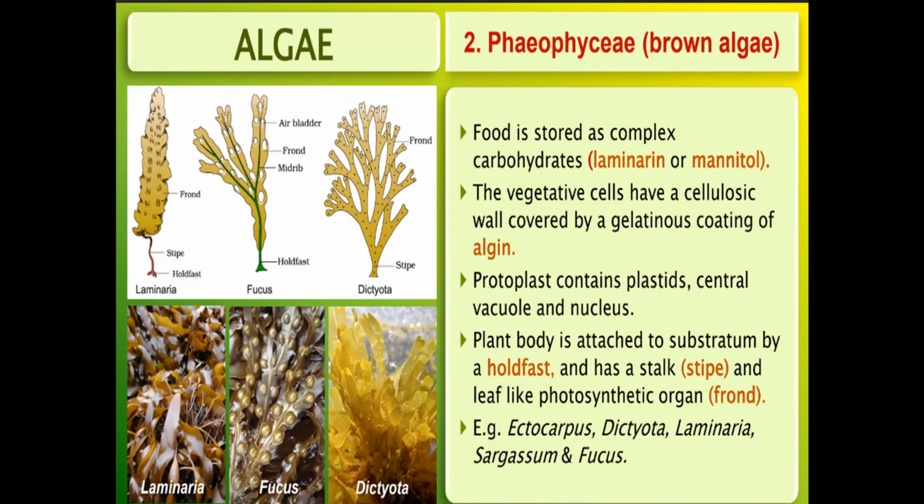Pyrenoids. But here now you get a vacuole. Where is the vacuole present? Also in plant cells. So these are coming close to higher plants. Protoplasts contain plastids. What is a plastid? Which organelle is ending with plast?